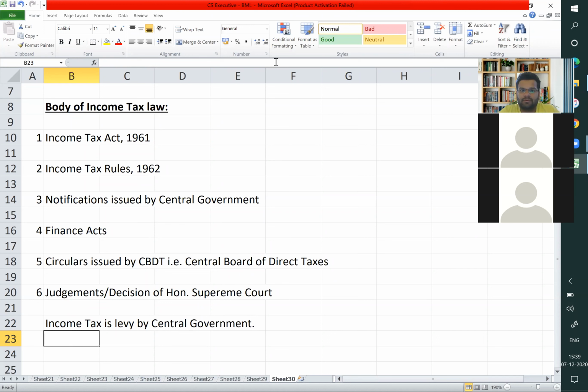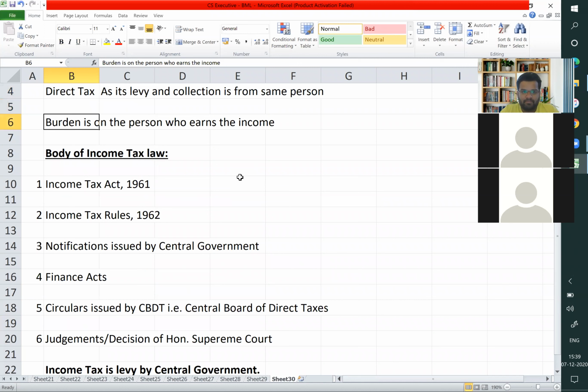Yes. Income tax is levied by the central government. You got it. And what about GST? Half of the GST always goes to the center and half goes to the state where consumption takes place.